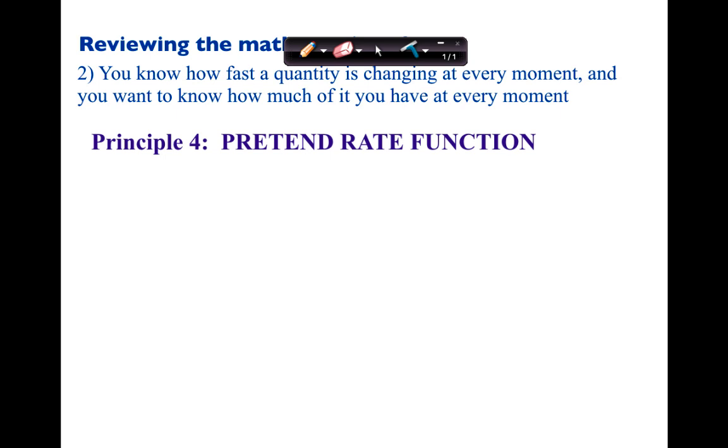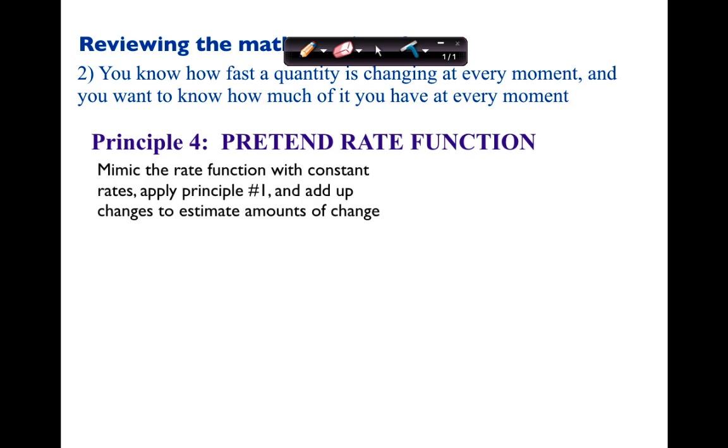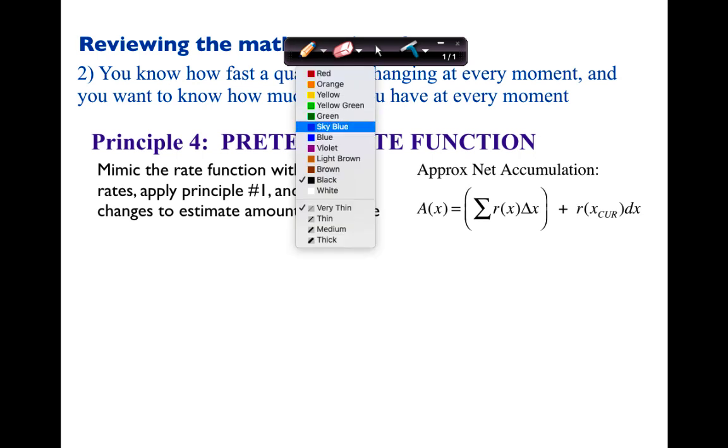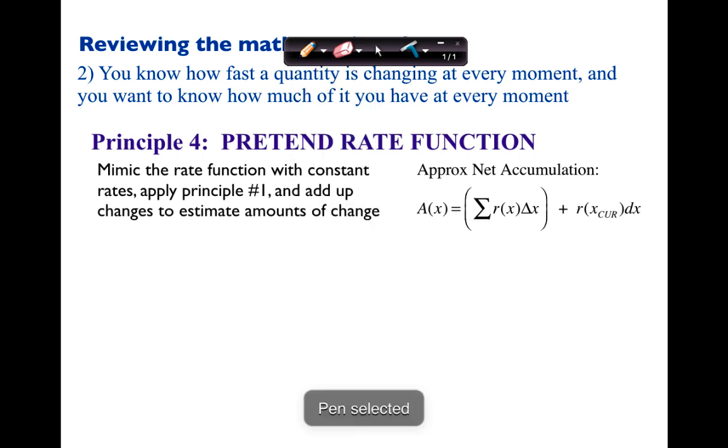What do we need? We need constant rate of change to get changes in our dependent variable. So with constant rate of change, we mimicked. For instance, if I had some rate of change function like this, we said, okay, let's try to reproduce it with constant rates like this.